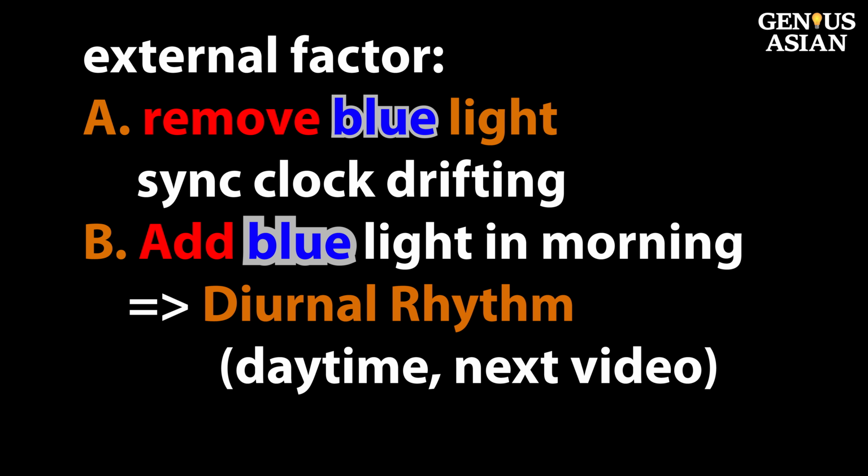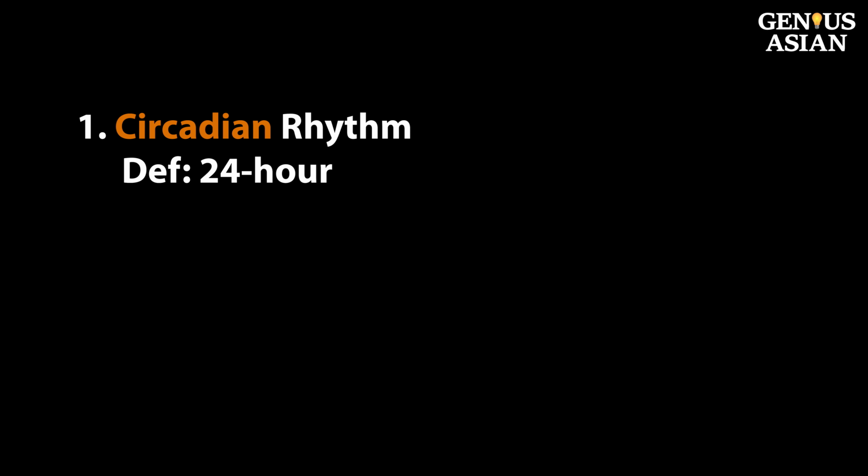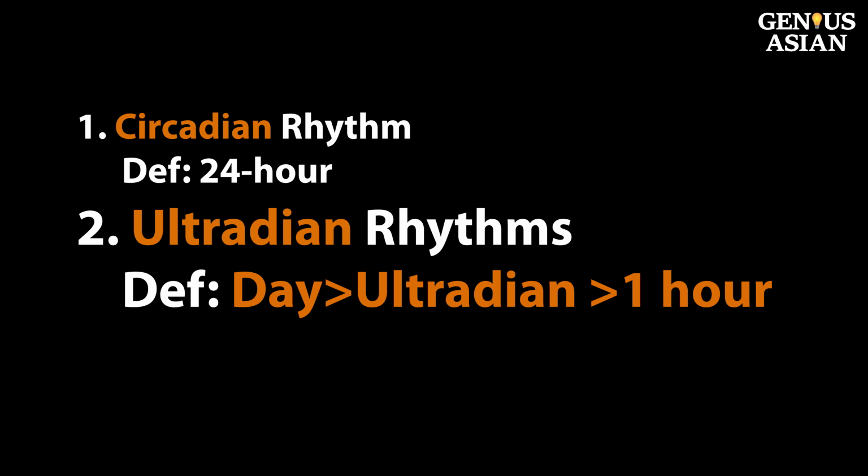In the context of sleep, while diurnal rhythm focuses on the daytime, our next topic in this video focuses on the night, which is the Ultradian rhythms. Unlike the circadian clock period, which is defined as 24 hours, Ultradian rhythms refer to cycles with a period shorter than a day, but longer than an hour.